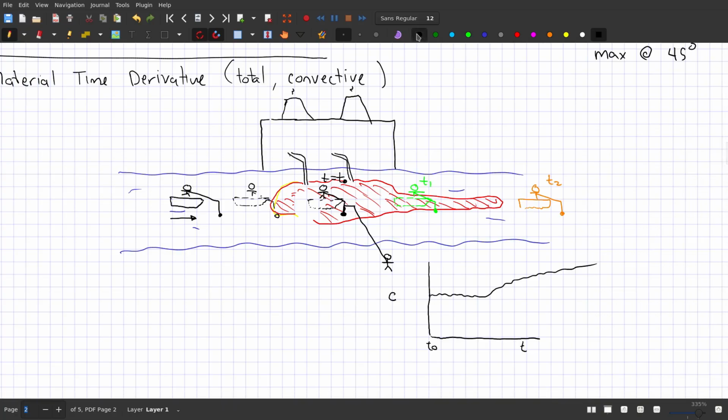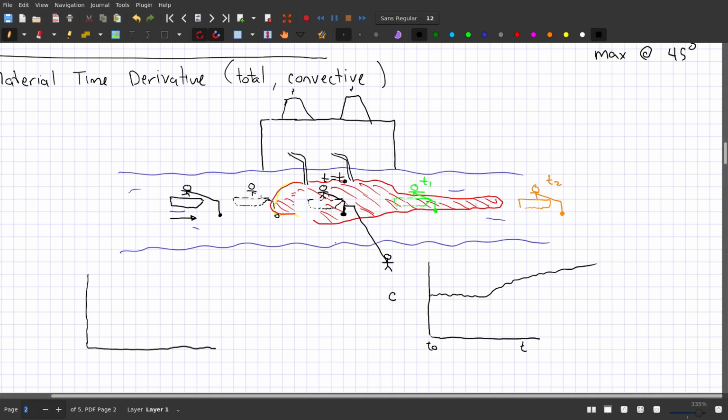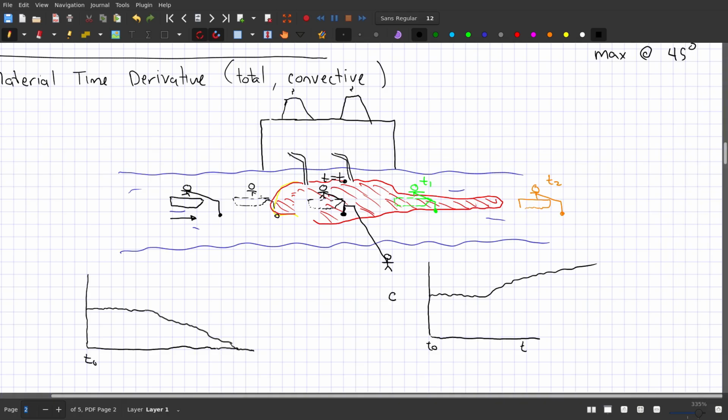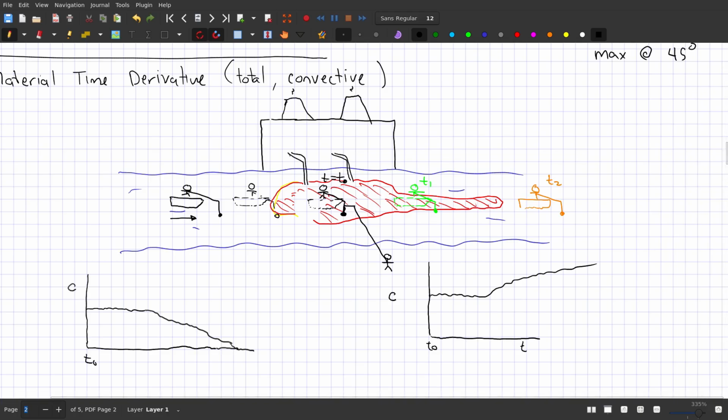And so if I then monitor the plume, say T0 starts here, so my T0 value should be exactly what it is on the other plot. So say here, but over time, again, this is concentration.